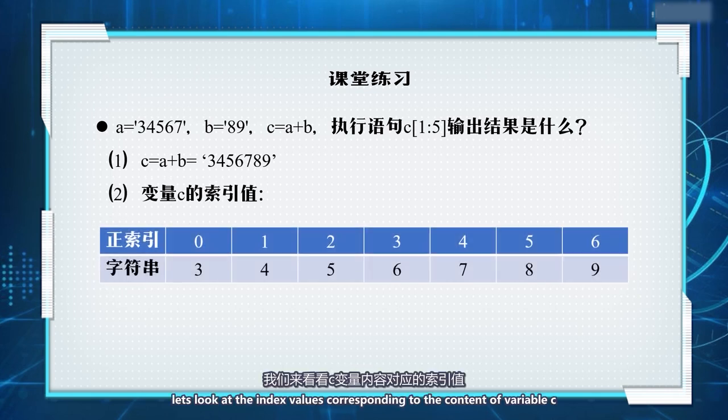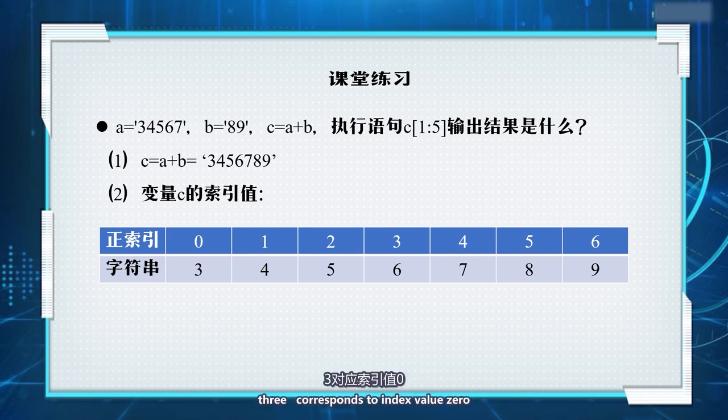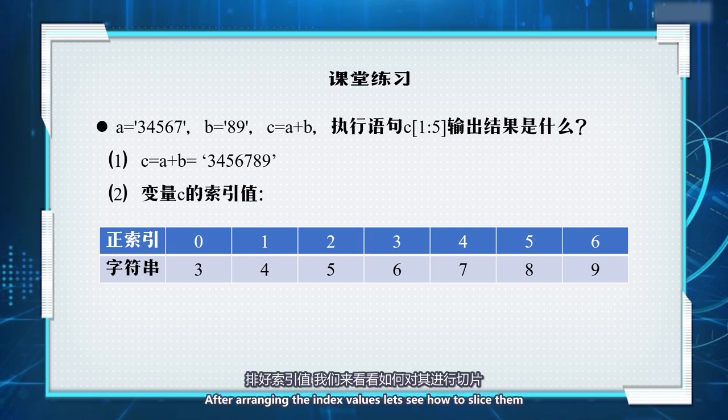Next, let's look at the index values corresponding to the content of variable c, starting from index value 0 and sorting backwards. 3 corresponds to index value 0, and 9 corresponds to index value 6. After arranging the index values, let's see how to slice them.